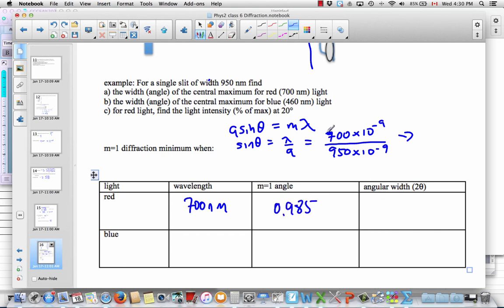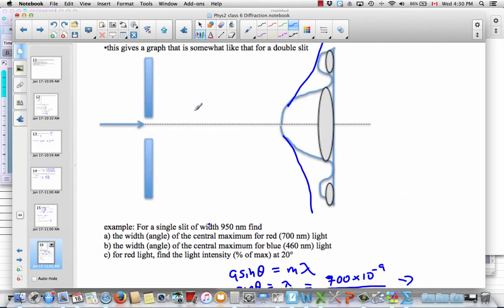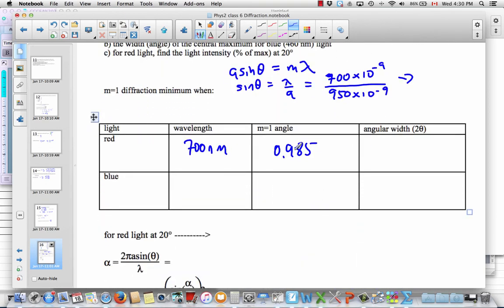So the angular width, you can see on the diagram, right, that's just the spread between these two minima. That's just going to be twice what this angle was. So that's about 1.97 rads. For blue light, you should be able to show that with a smaller wavelength, you get a smaller angle and therefore a smaller spread of that central maximum.